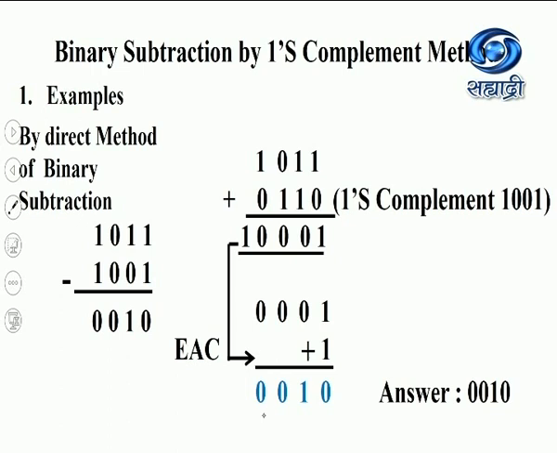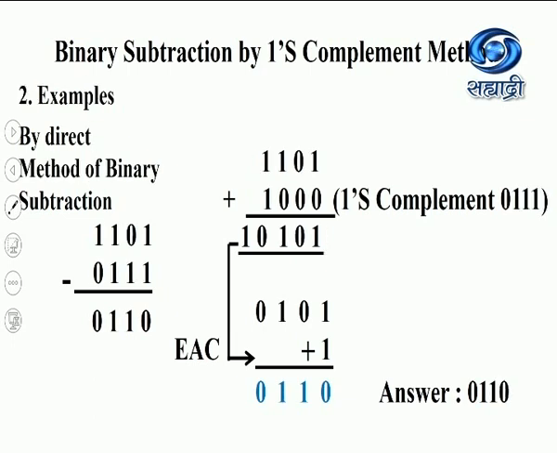So the answer is 0010. This answer by the ones complement method is the same as the answer by the direct method. So by this method we can subtract two binary numbers.